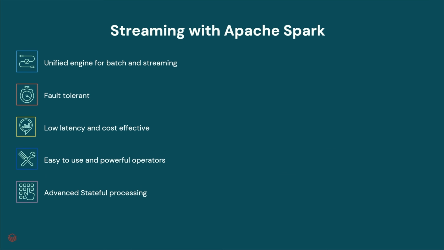So, streaming with Spark. We have advanced stream processing in Spark on many accounts. The one key thing you have to note is that Spark is a unified engine that processes both batch and streaming, because the API is compatible for both.